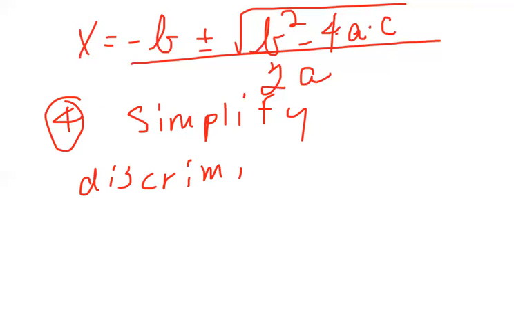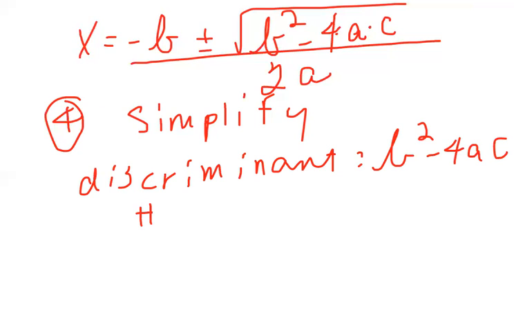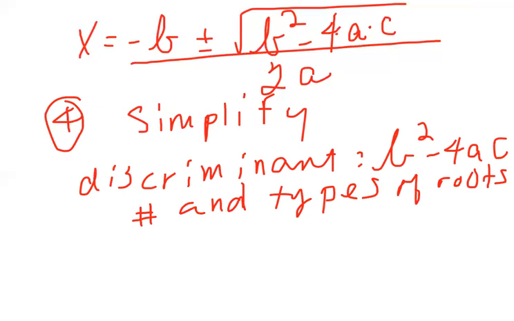The discriminant, b squared minus 4ac, the part inside or under the square root, determines the number and types of roots. Remember, roots, zeros, solutions, x-intercepts, they all mean the same thing, okay? So the discriminant basically informs you of the number and types of roots to the quadratic.